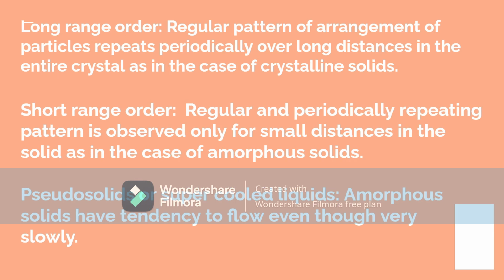Next term, long range order. We come across the terms long range order and short range order when we are discussing amorphous and crystalline solids. What is long range order? This is a regular pattern of arrangement of particles which repeats periodically over very long distances.